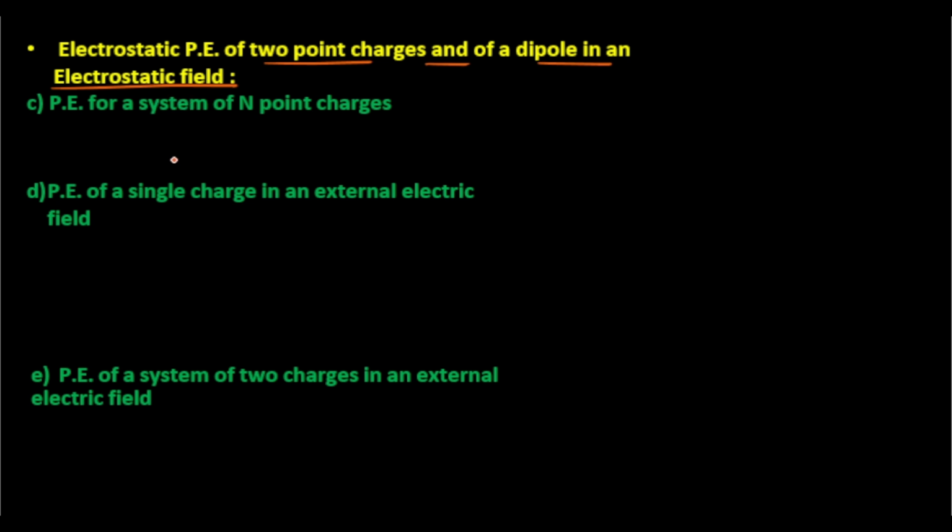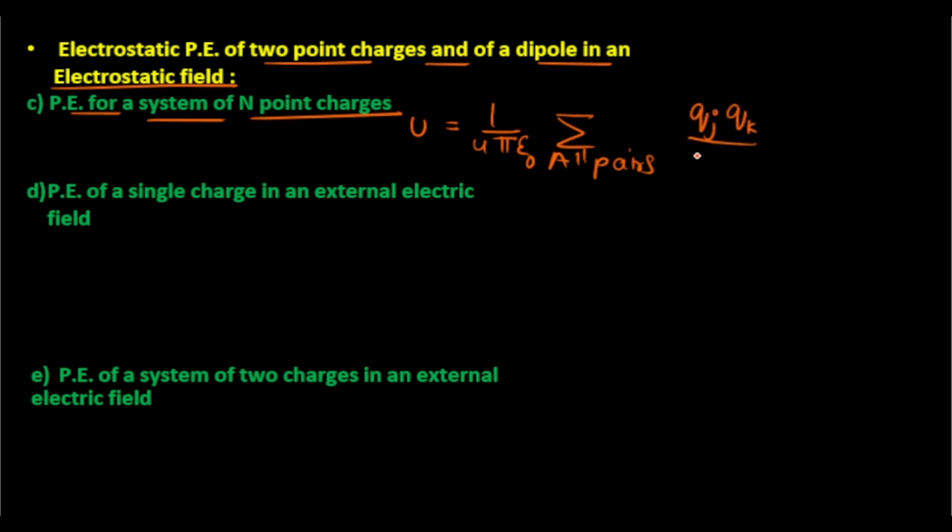Potential energy of a system of two point charges: U = 1/(4πε₀) × q1q2/r. Electric potential energy of a point charge: U = kQq₀/r. Potential energy for a system of n point charges: U = 1/(4πε₀) Σ over all pairs of q_j q_k/r_jk.